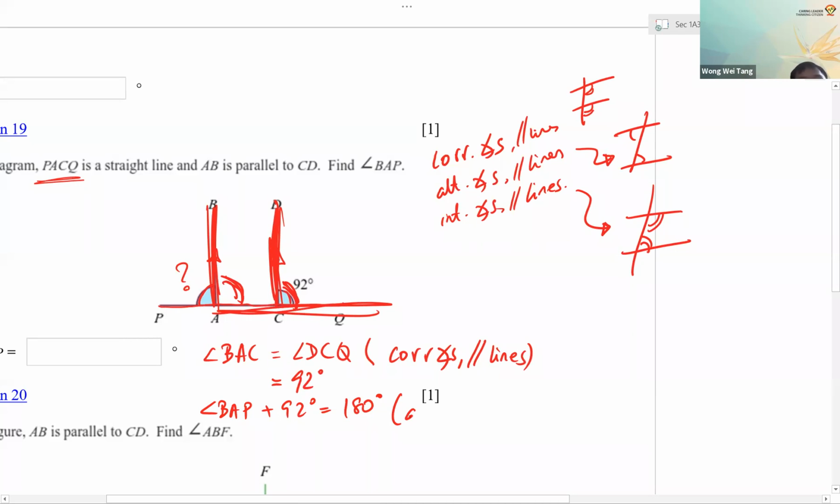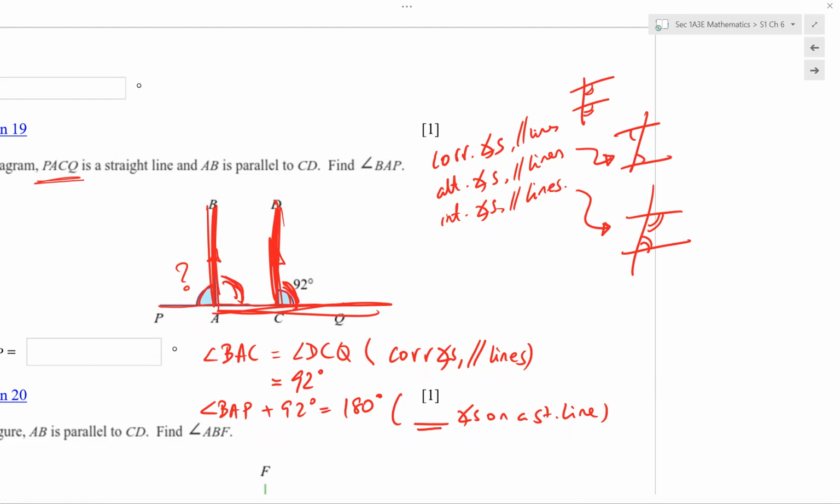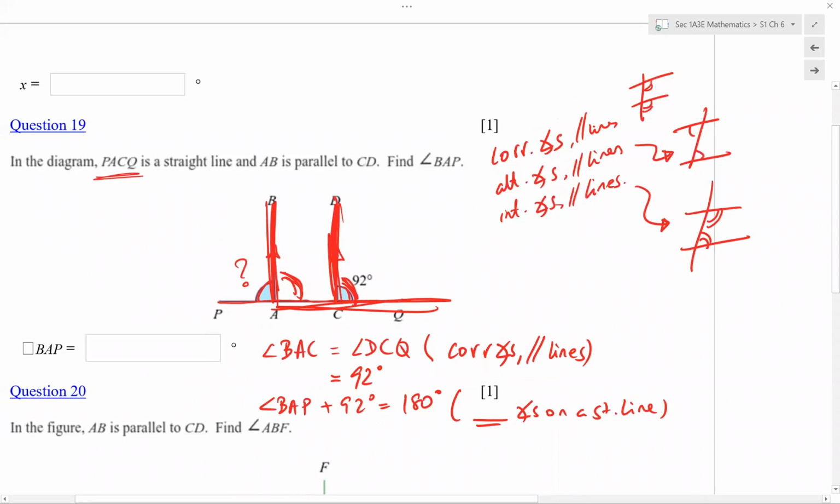One missing word. Very common missing word that students always leave out. So what is the missing word here? The just now question. So what's the missing word?